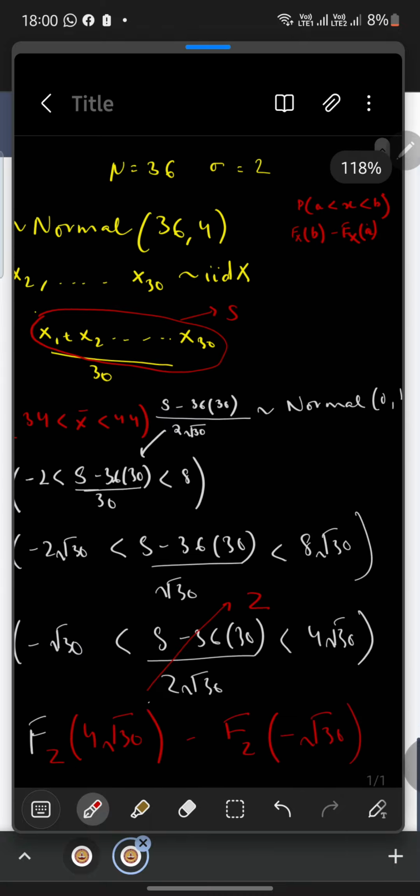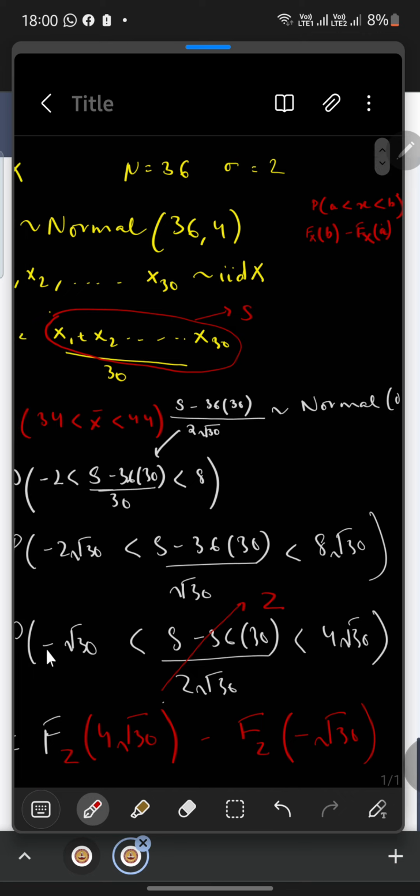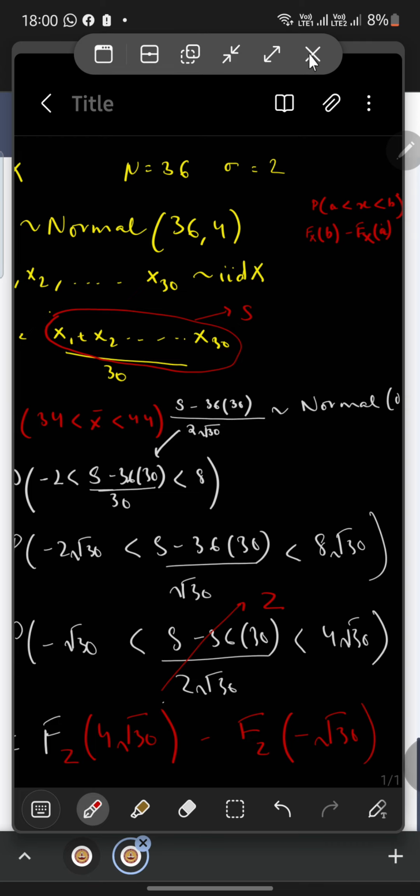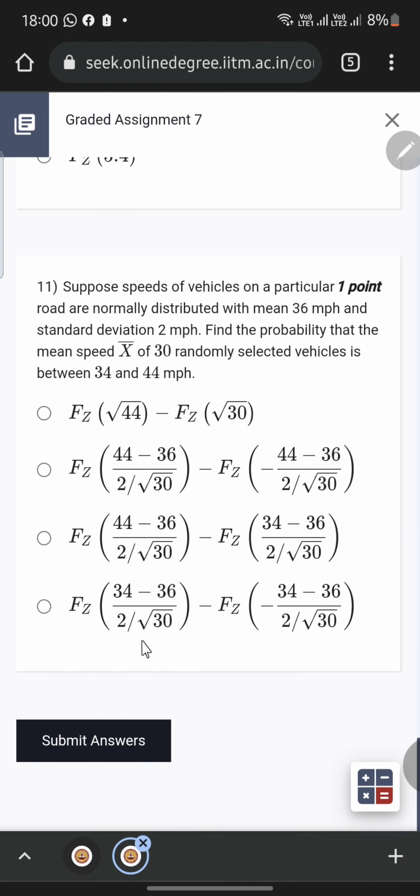I use the same property to find this, right? The probability from a to b would be F of b minus F of a. Perfect. So we need to find this option.